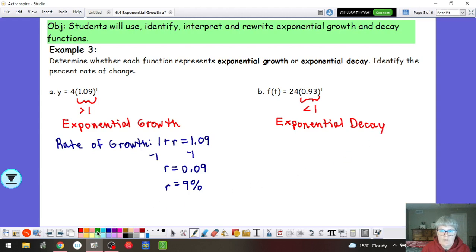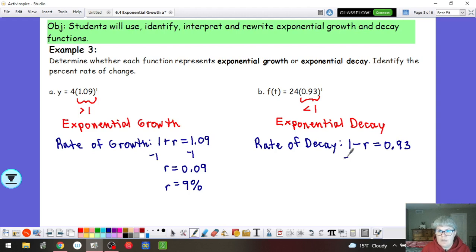To find the rate of growth, or actually rate of decay in this case, we know that 1 minus r has to equal 0.93.